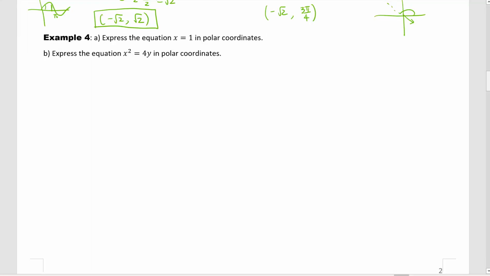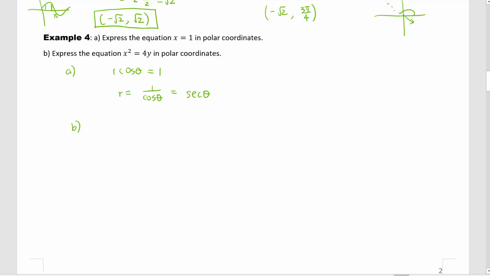Well, x is r cosine theta, and then we get r cosine theta equals 1. Sometimes if you are able to solve for r in terms of theta, please do that. So r is 1 over cosine theta. 1 over cosine is actually secant. So now you can see r is a function of theta: secant theta.